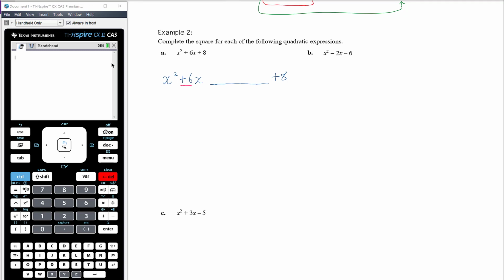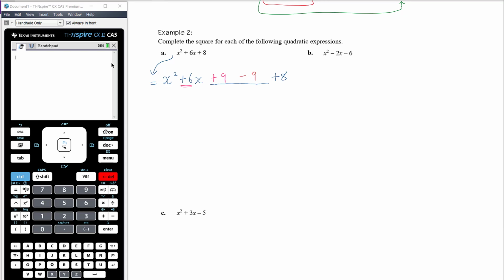So, halving and squaring plus 6, half of positive 6 is positive 3, squaring that is positive 9. Okay, now we're trying to suggest that this is equal to this, okay? But it's not equal anymore because I just added 9 to it because it suited me to do so. So I also need to take away 9 because I actually haven't changed anything.